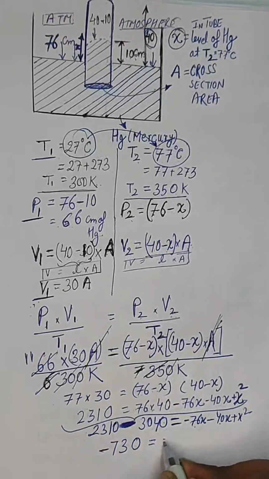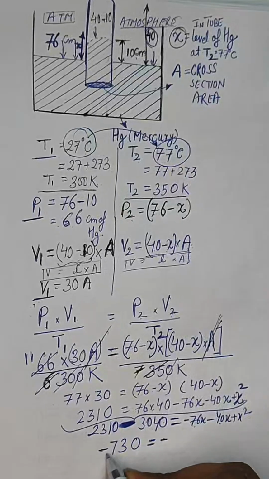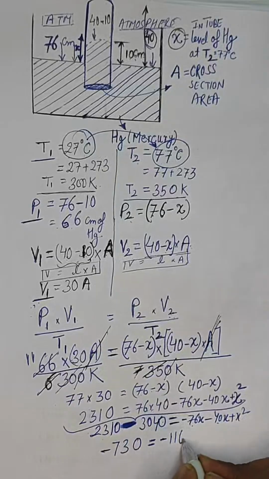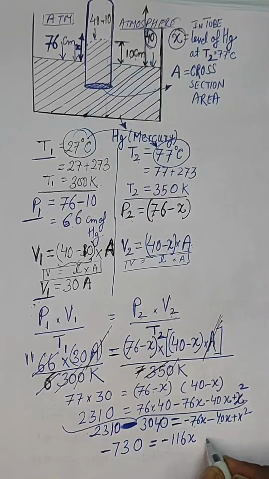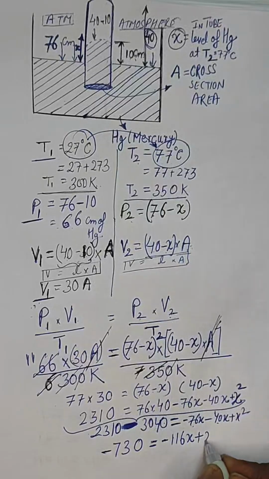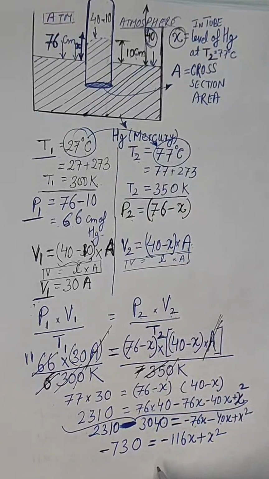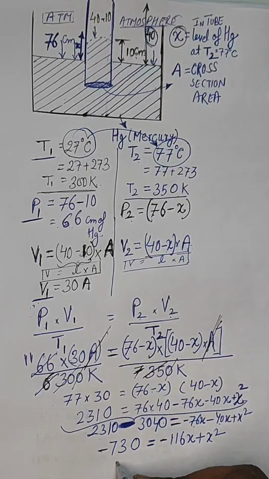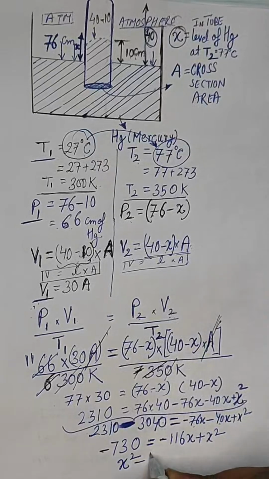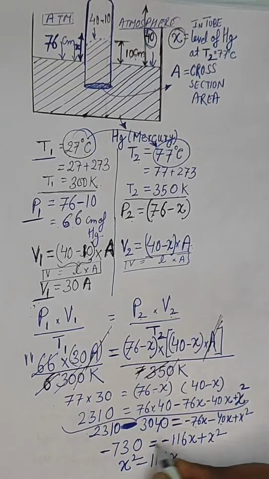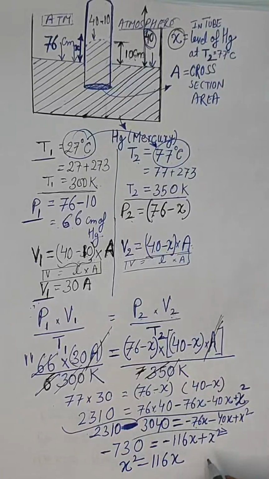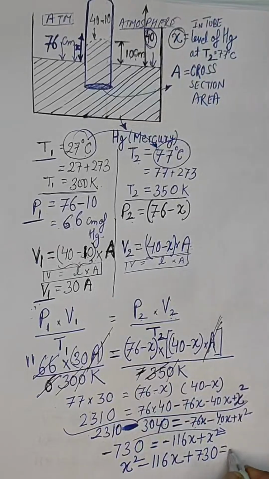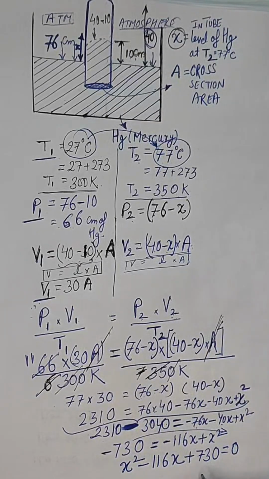So minus 730 in the LHS, and in the RHS minus 116x plus x square. When you form the quadratic equation, it will look like this: x square minus 116x, and this minus 730 going to the other side will be plus 730 is equal to 0.